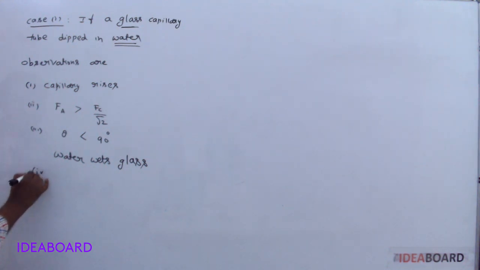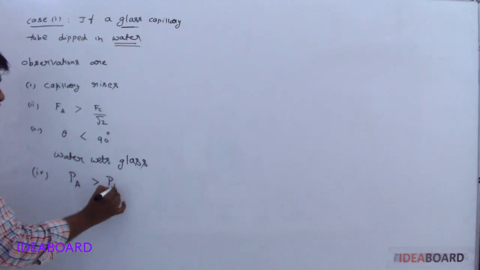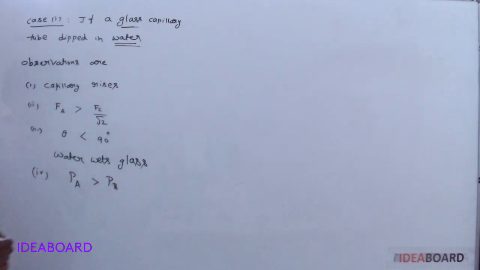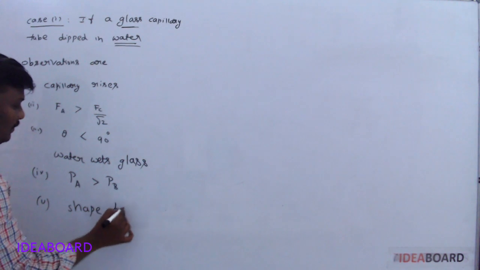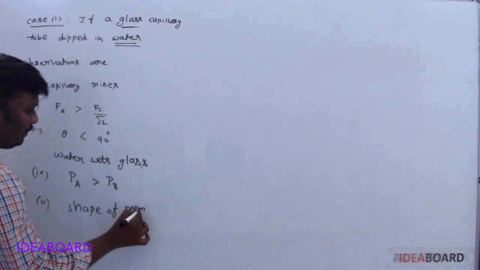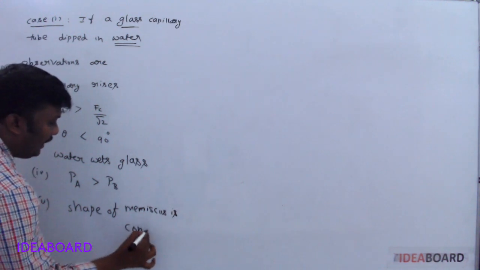The fourth one: pressure at A is greater than the pressure at B. And the fifth one: less than 90 degrees means the meniscus shape is concave.